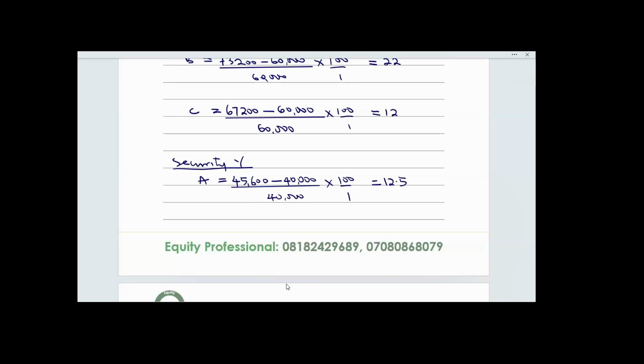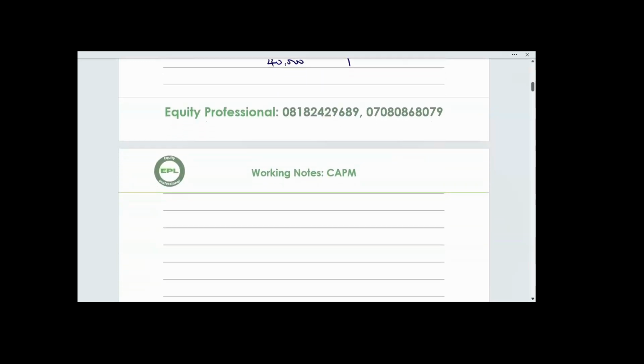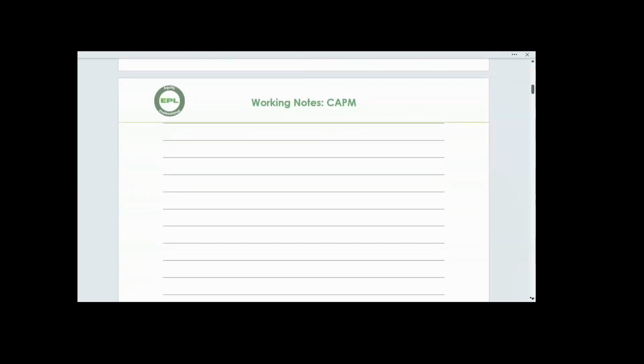Then move on to state B. We are investing 40,000, and the value at the end is 47,200. So 47,200 minus value at the beginning, 40,000, over 40,000.